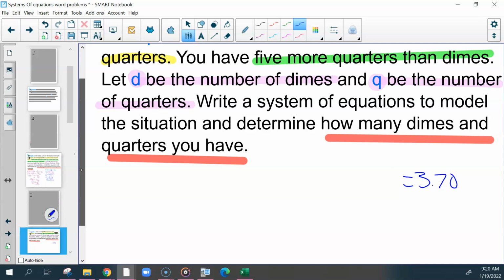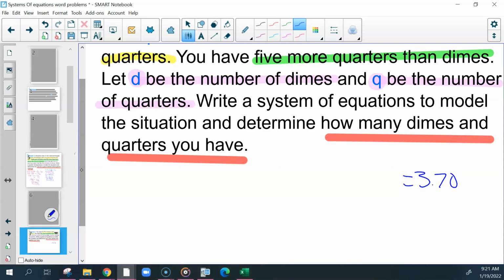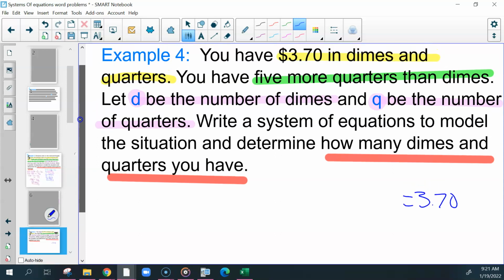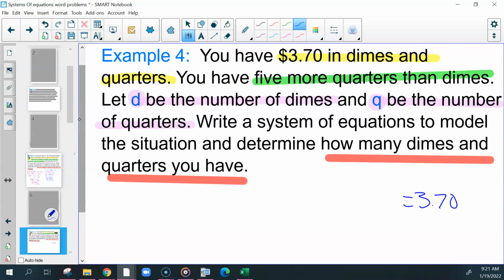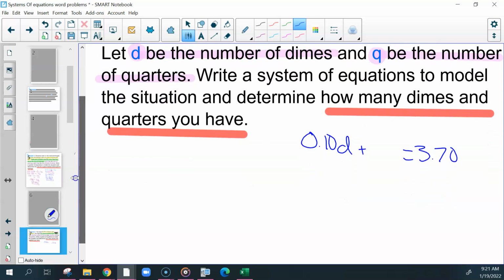So we have to kind of bring in some outside information. It's assumed that you know the worth of a dime and a quarter. So we could write this as, just as Kat said, 0.10 D plus 0.25 Q.